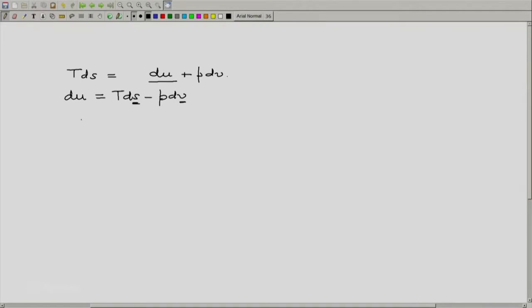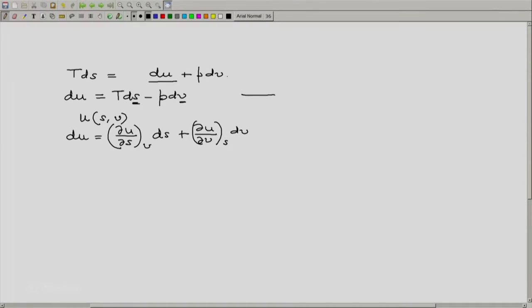So let us consider u to be a function of s and v. Expanding du in terms of ds and dv, we get du equal to partial of u with respect to s at constant v into ds plus partial of u with respect to v at constant s into dv.